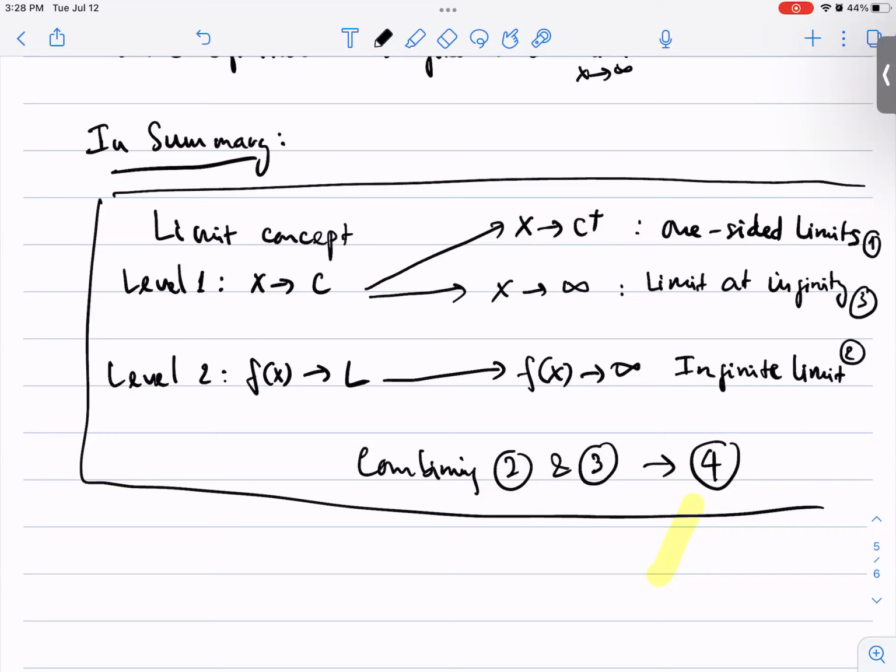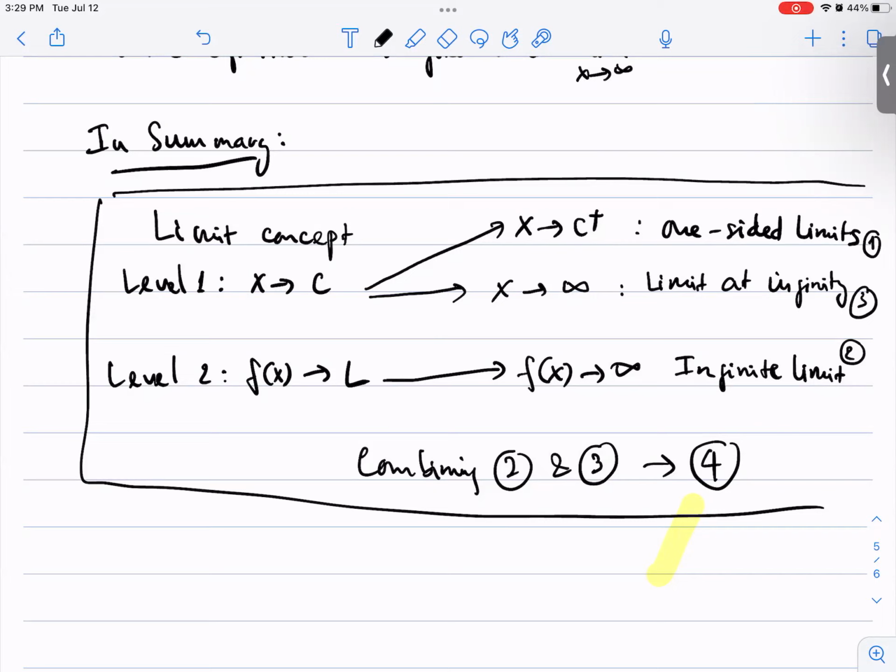Level 2 is f of x approaching some number L. So in order to extend this notion, we can get several extensions depending on what level we consider the extension.